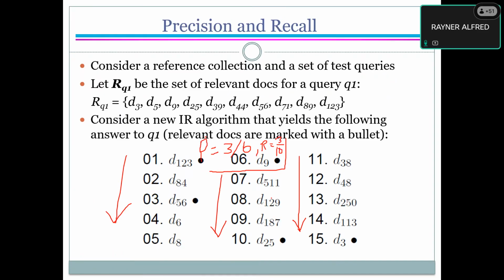Okay, so we will keep continuing at all the positions where we know that the document is relevant with respect to the query that we have. So over here, what is our P? What is the precision? And what is the recall?